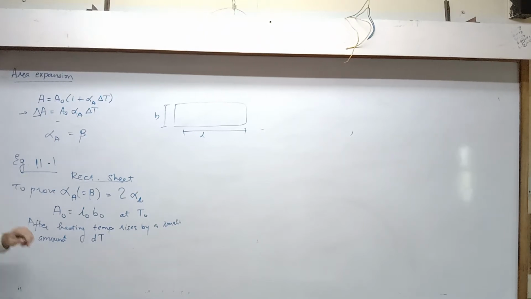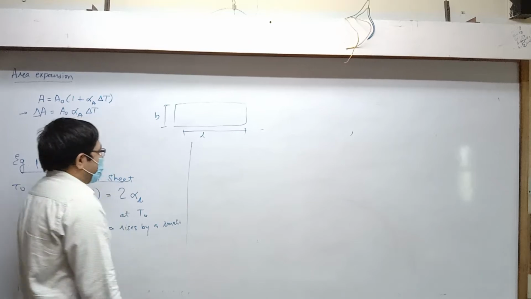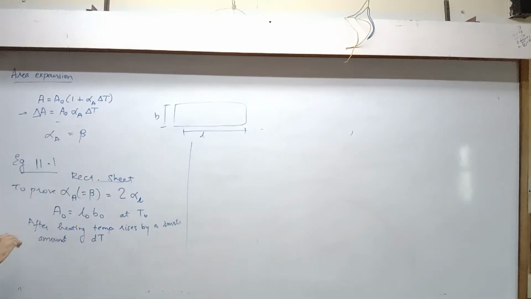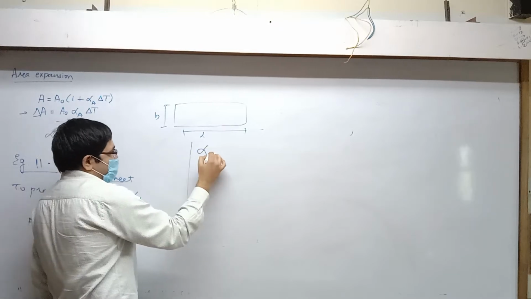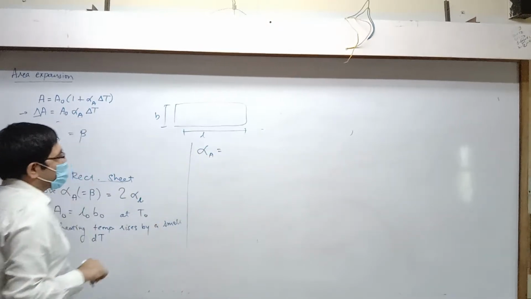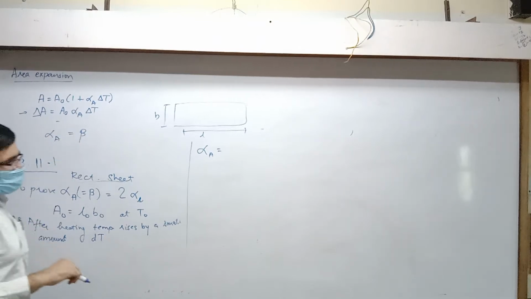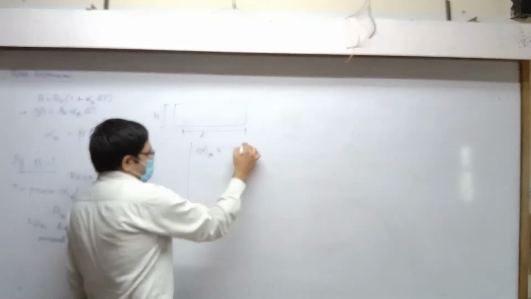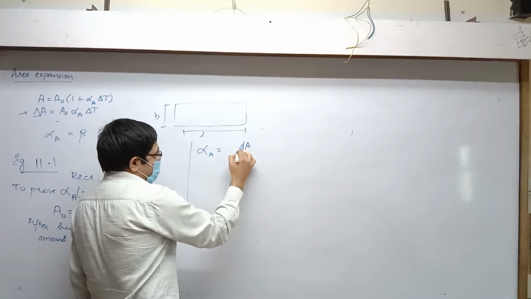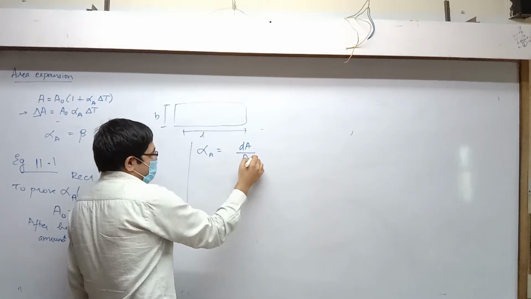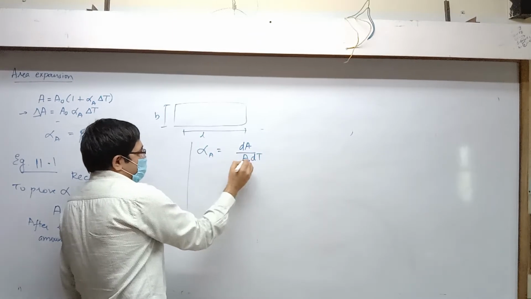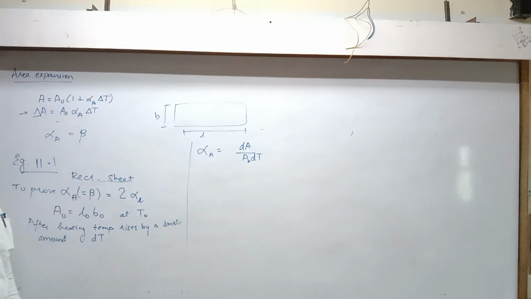So now, if I try to find alpha_A, again, what will be alpha_A? Alpha_A is equal to what? Delta A by A0 delta T, like that. So for a small change you don't really write delta. Does it make sense? Yes or no? dA by A0 dT.